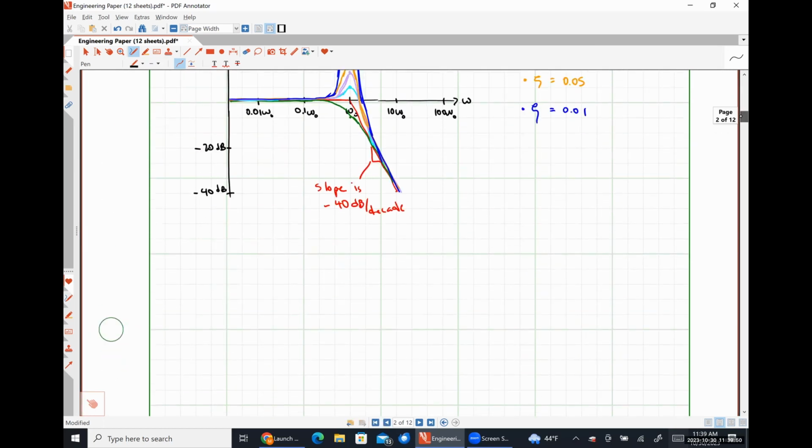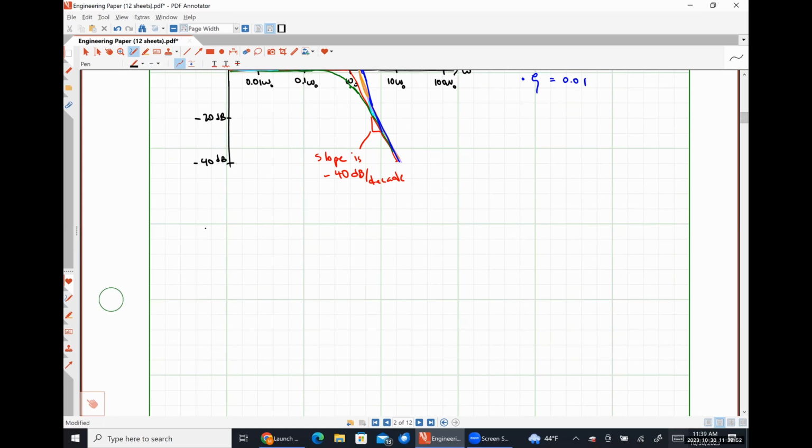So the phase response as a mathematical function, phase angle as a function of jω, is going to be equal to the negative arctangent of negative 2ζ(ω/ω₀) divided by 1 minus (ω/ω₀) quantity squared.